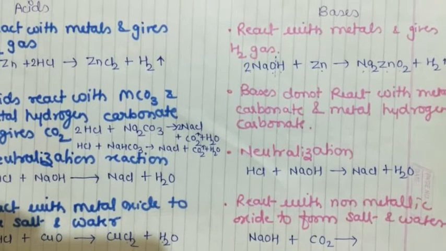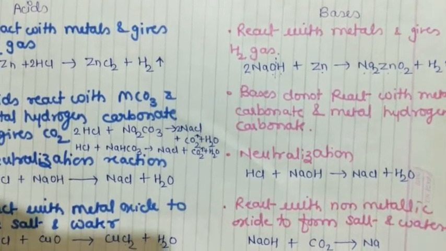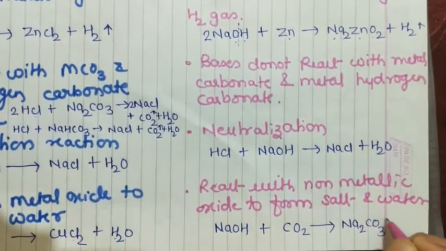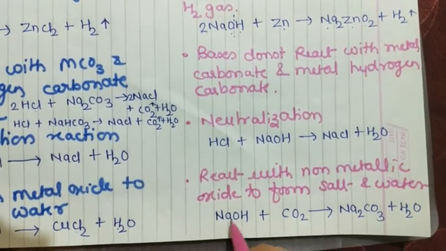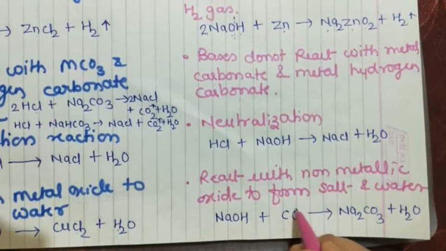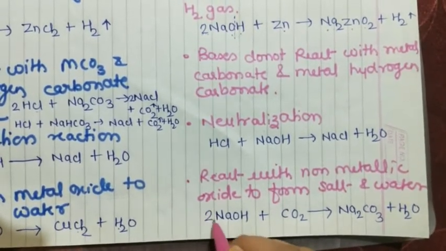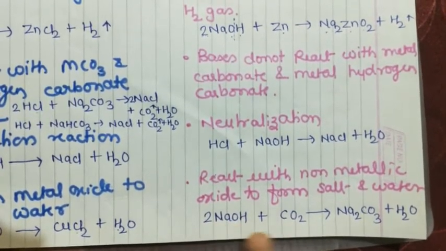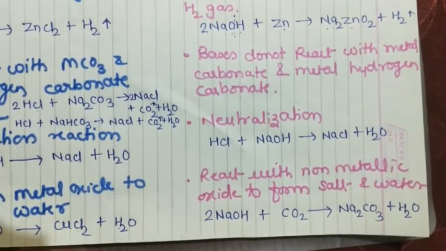Now what will be the product formed here? That is Na2CO3, that is your salt, plus water. You can check: this is Na, the positive part, and this is your negative part. So Na will be balanced by keeping 2 here. So Na2CO3, one oxygen will be formed here as water, and we will balance it by keeping this.